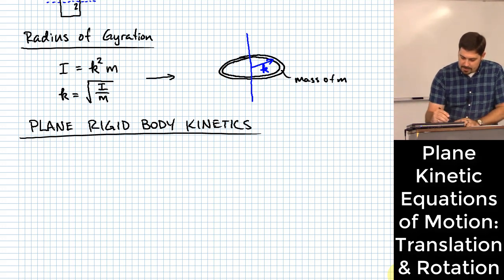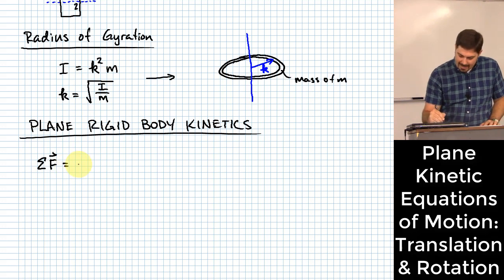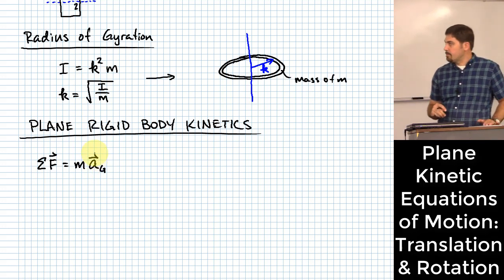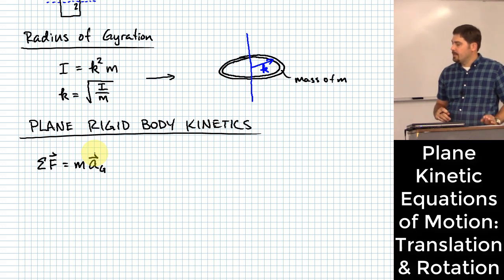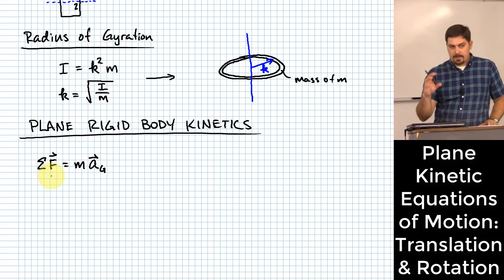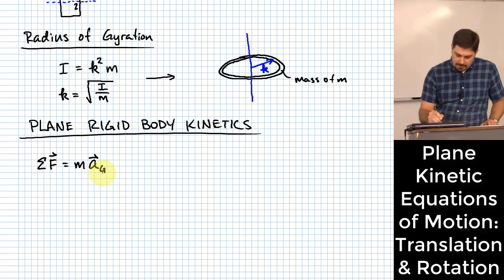Basically, there's two parts, and I've kind of made reference to this before, but we sum up all of the forces, and the sum of all those forces is going to be equal to the mass of the body times the acceleration. But we have to be kind of careful here. This is the acceleration of the center of gravity. Okay? So it's important for us to find where that is, because the sum of all forces acting on a body is equal to the mass of that body times the acceleration of that center of gravity of the body.